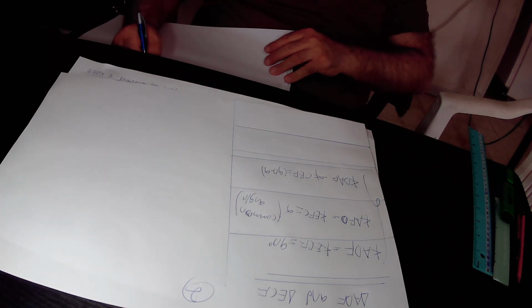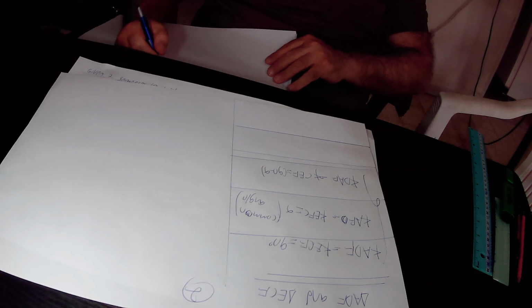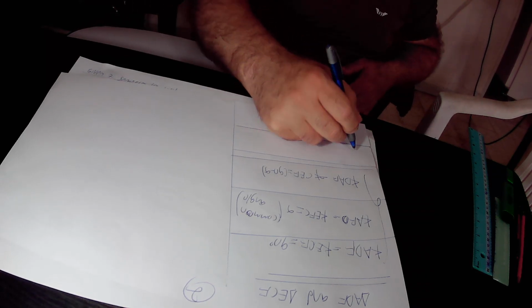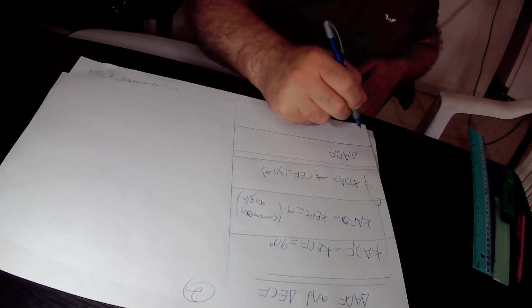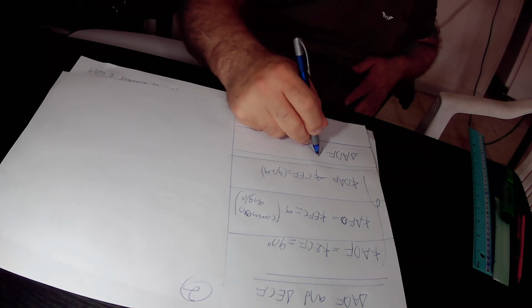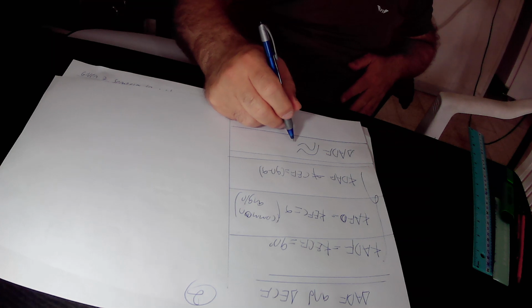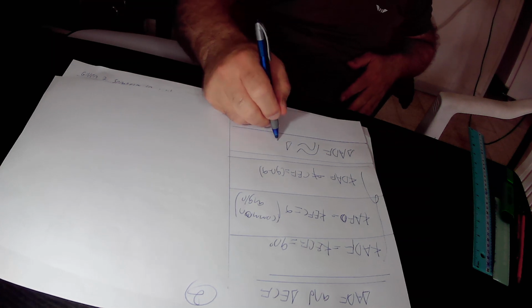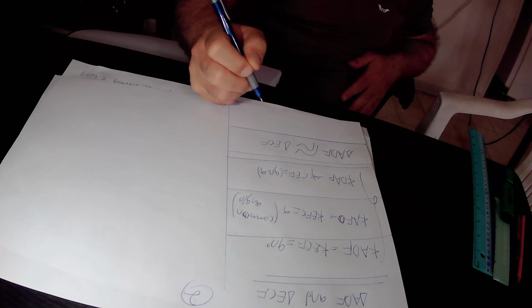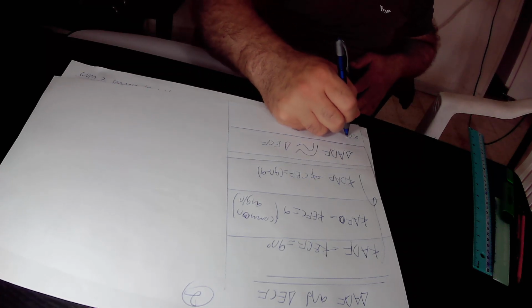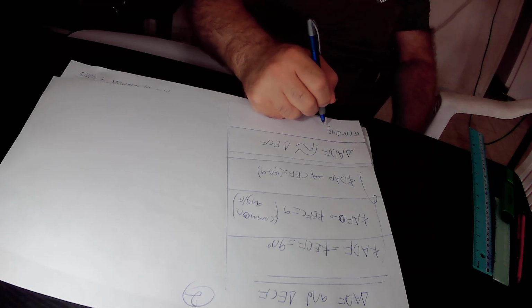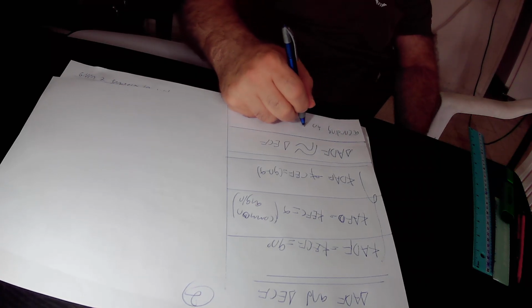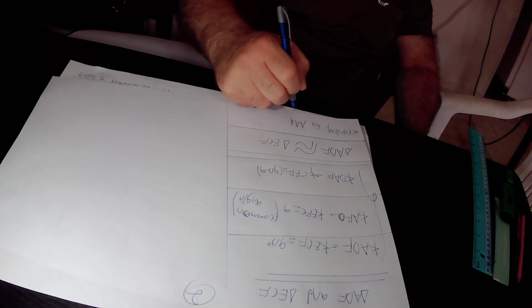We actually found out that the big right triangle ADF is similar, this is the sign of similar, to the small right triangle ECF according to the angle similarity rule.